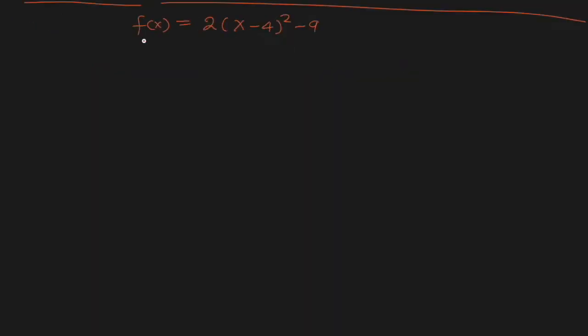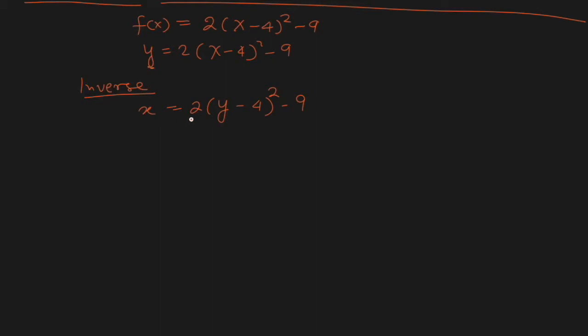This function f(x) is nothing but y. So we can also write this in this format. Now to find the inverse, we exchange the places of x and y. That means this y becomes x and this x becomes y. Right?